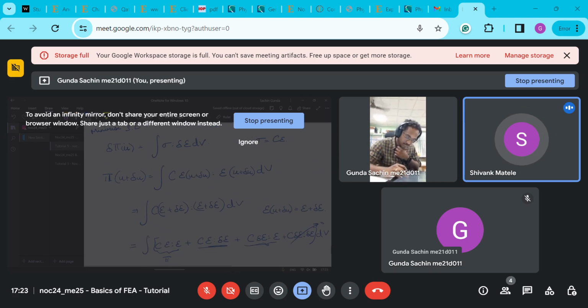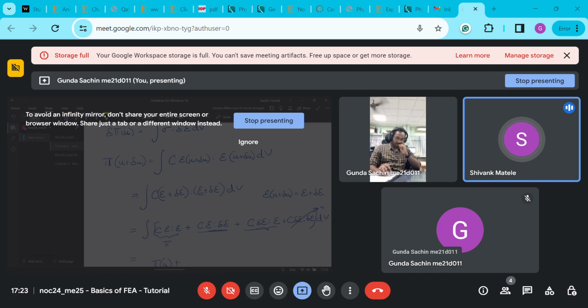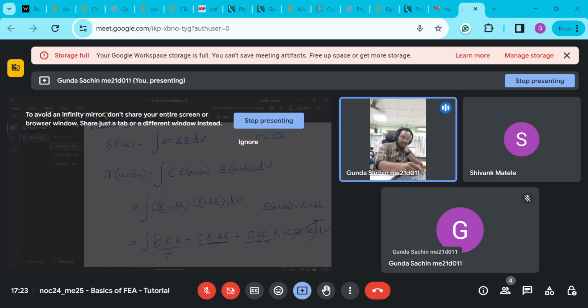So pi of u. Oh, wait, this I don't get. Actually, when we apply variation, please come to first step. So we take this variation directly to strain, right? Stress can be written in terms of strain, right? So we just take in terms of strain.